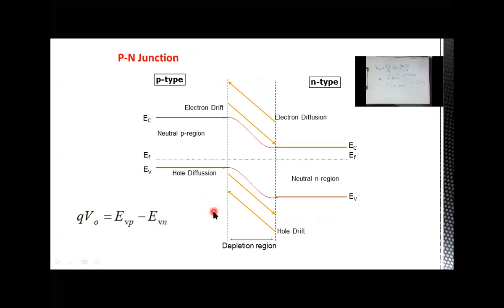So let's start doing this together. Let's start using this energy band diagram to plot the potential, the electrical field, and finally the total charge accumulation. So this is our next homework.